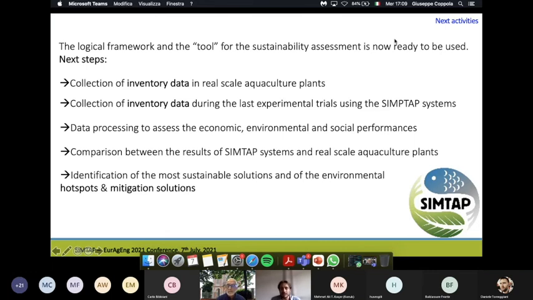We will gain an overall sustainability score, and we will compare the two systems. Also, we will try to identify the so-called hotspots, which can be defined as the processes or the parts of the systems which are less sustainable, and accordingly we will try to propose mitigation solutions.